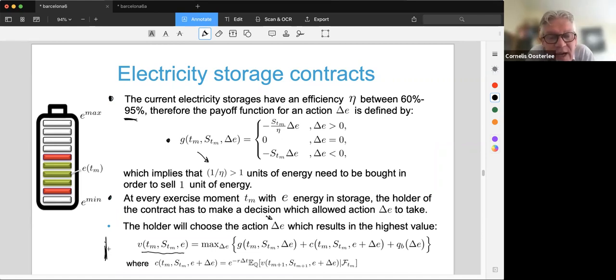Multiple exercise rights, just like the Bermudan option with 1 exercise right. You see it appear back in this system. Of course, we have a maximum over delta E, and we have constraints taken into account. It is something like a real option. You are really looking at a physical problem and you're trying to make a financial problem out of it.